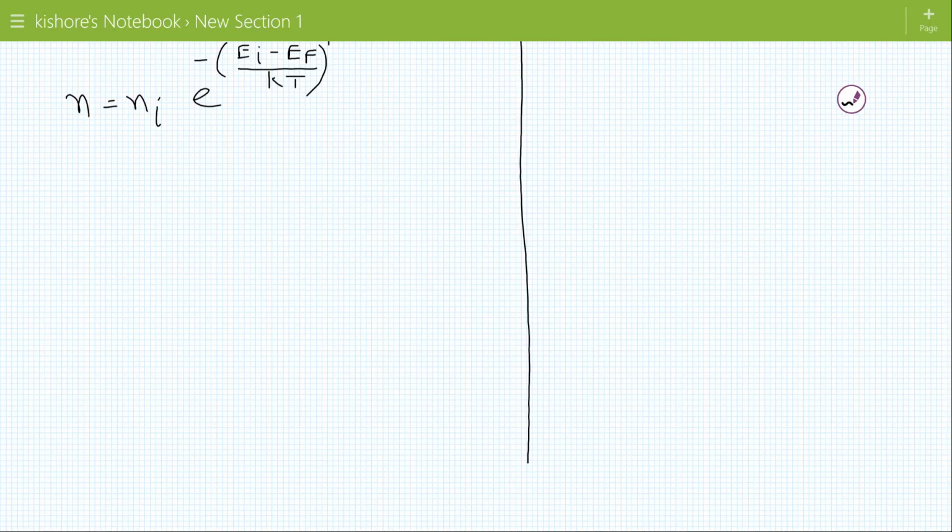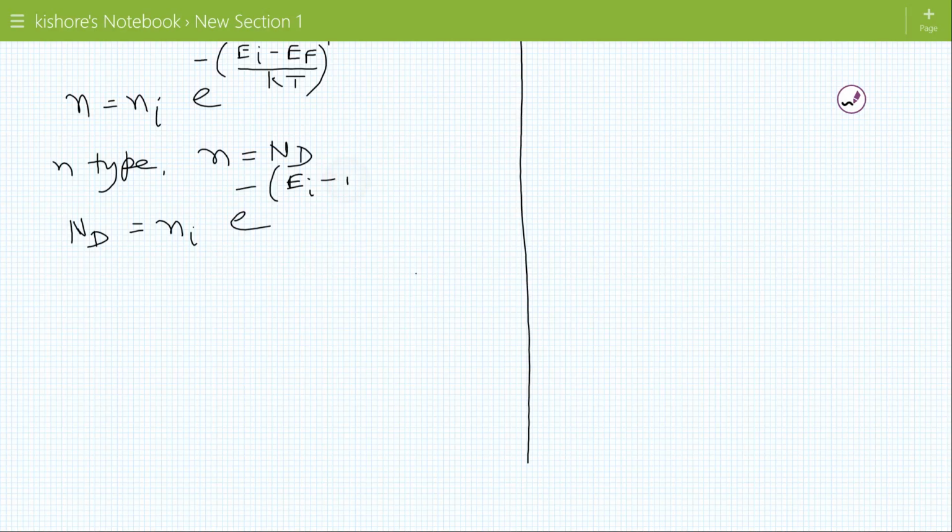Now, in an n-type semiconductor, the concentration of electrons is the donor impurity concentration. So this Nd is Ni e to the power minus (Ei minus Ef) by kT.